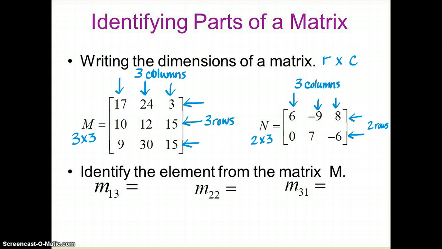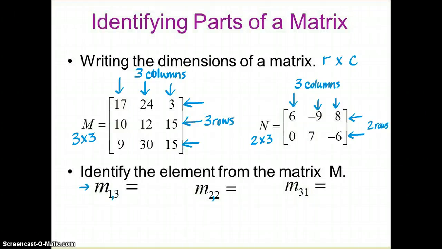Now, as far as the elements themselves, we also have a notation that we use for identifying the elements specifically in the matrix. You'll notice that this first one here says M and has what looks like a 13 down there. Oftentimes instead of seeing them like this, you'll see a comma in the middle of these.